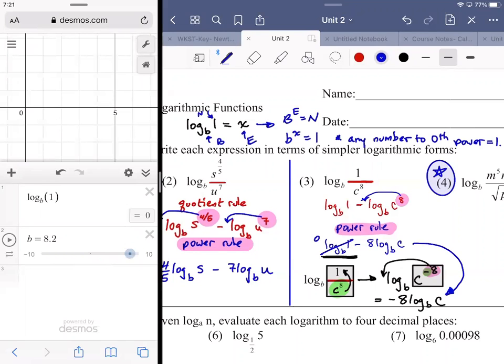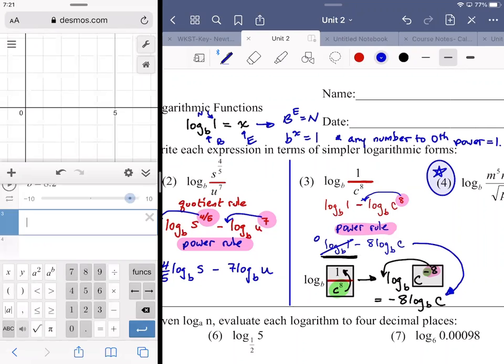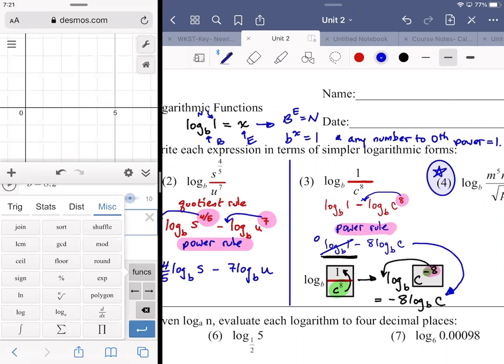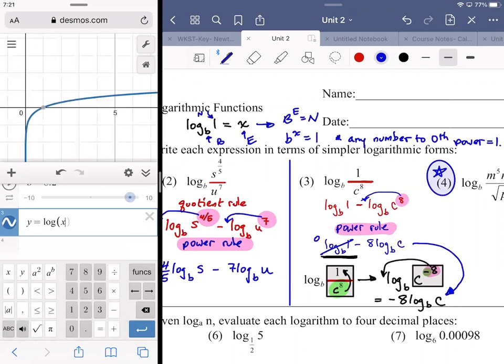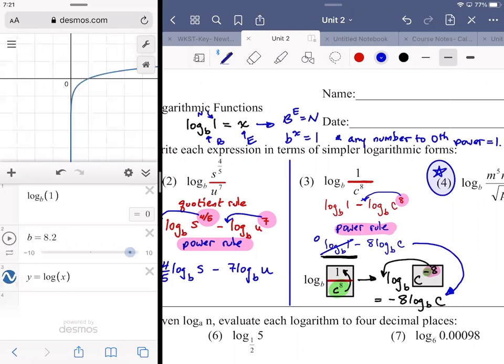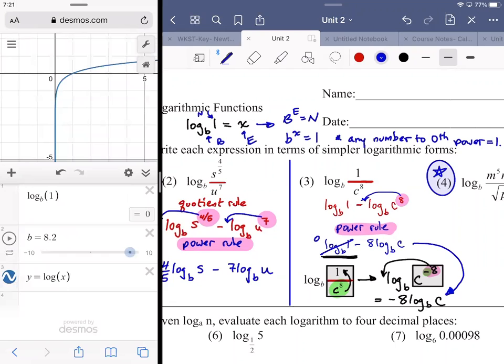Now, what that means is when I look at a log function, y equals log of x, I'll just do ordinary log, common log. A log function doesn't exist beyond the y-axis. It doesn't even exist at the x-axis. So we're not even looking at negative values to begin with when it comes to x. You can't take the log of 0.